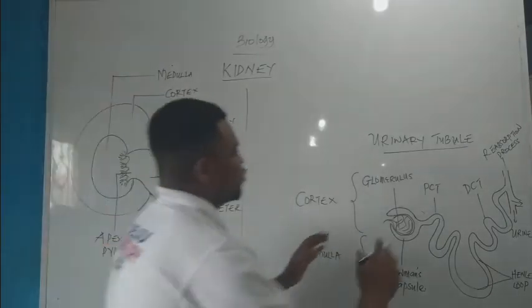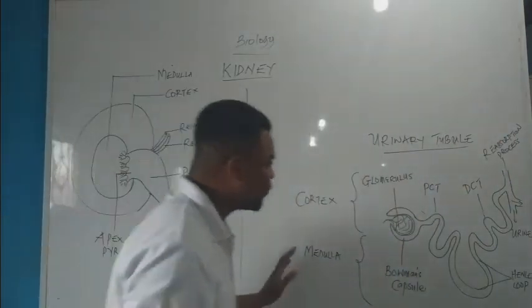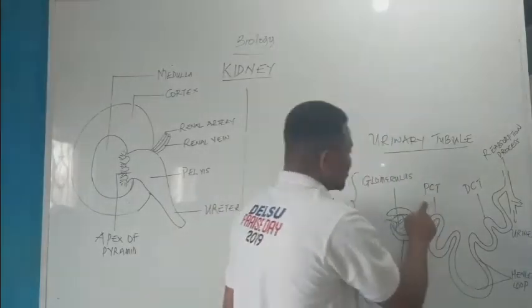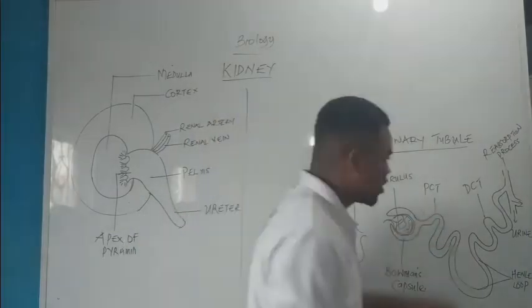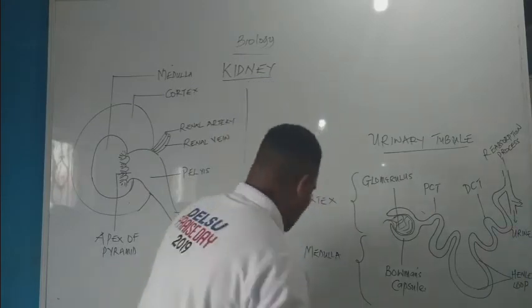Now, the urinary tube as the unit of the kidney has various parts. It has the glomerulus, the Bowman capsule, the PCT, known as the proximal convoluted tubule, and the DCT, known as the distal convoluted tubule. Look at the word proximal.